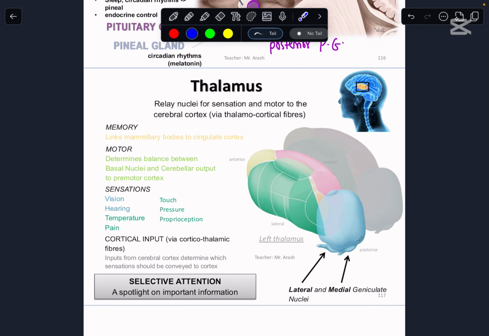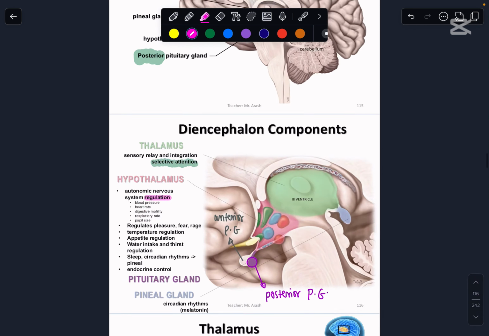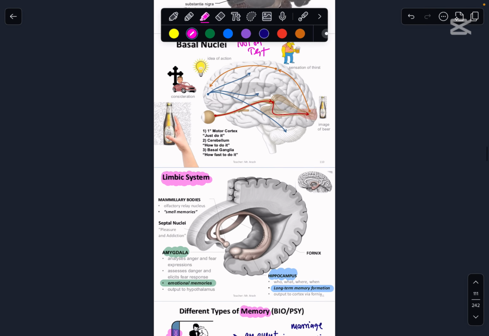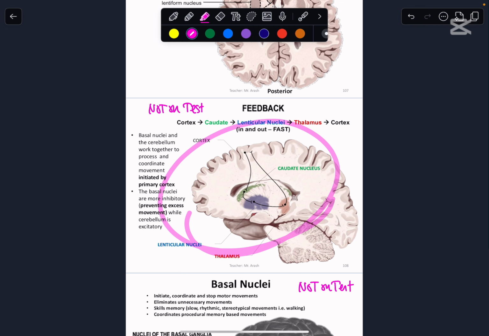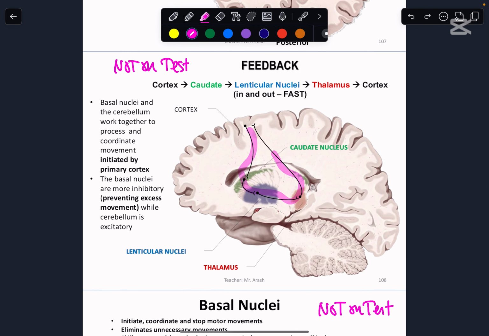Diving a little bit deeper into the thalamus and its function. As we said before, this is a center that our body uses to relay information. This could be both sensory and motor, to the cerebral cortex via thalamocortical fibers. And we saw that picture, by the way, here. If you remember this, by these thalamocortical fibers, they mean all of these fibers here. This fiber, that fiber, that fiber.